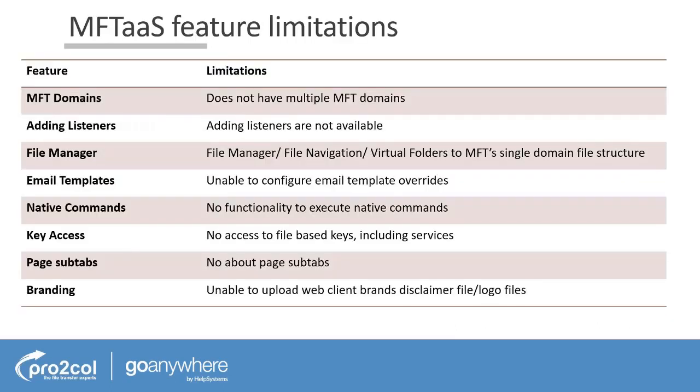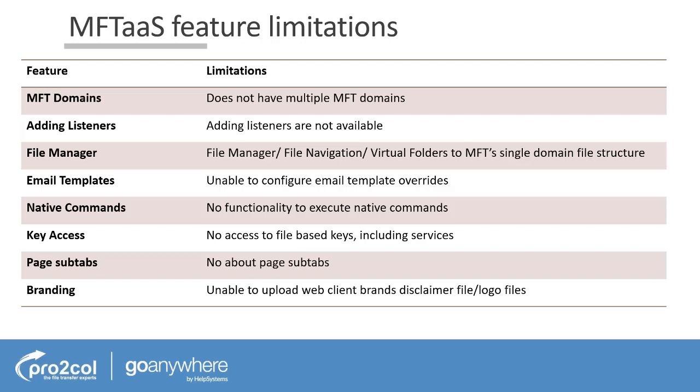I'm not going to go through all of these in detail, but I just wanted to raise a few of the areas in here that are perhaps things you might not think about, that you wouldn't have access to by handing over those additional 3 layers in the stack. So email templates and branding, for example, you don't have quite the same level of functionality as you would on-prem in terms of your ability to configure some of the overrides or change some of the logos.